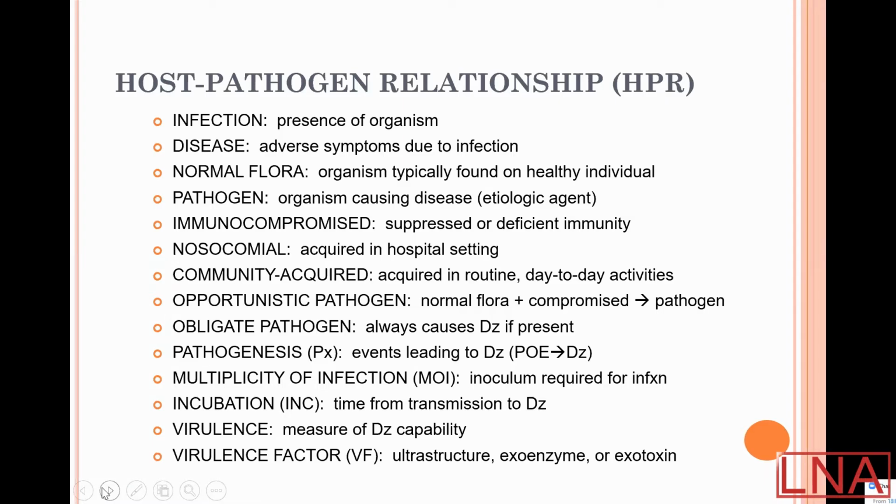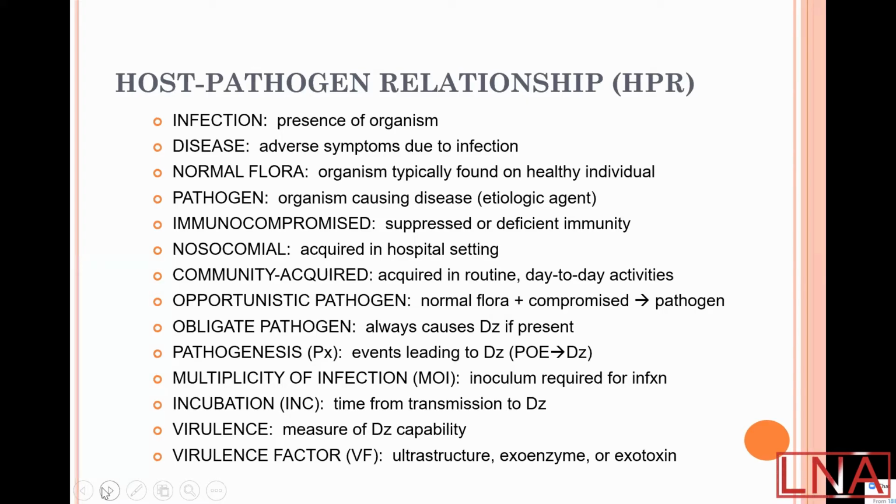So I told you about normal flora, and about pathogens also. Immunocompromised, you remember, are people who have a suppressed immune system or deficient immunity. That's a definition from the first lesson of the last semester. Nosocomial infection is an infection acquired in a hospital setting. It's very dangerous for a particular person, because usually the microorganisms which cause nosocomial infection are multi-resistant to antibiotics.